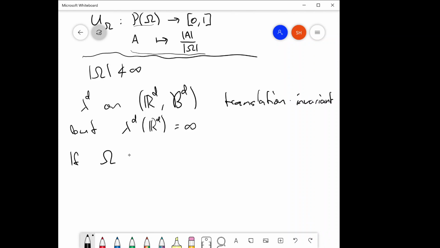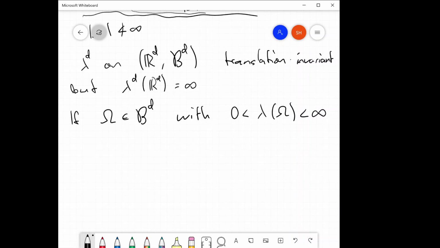So you can't do what we've had up here for the uniform distribution, but if you've got some Borel set omega with positive finite measure, then you can define the uniform distribution on omega, and this is what you would expect. It compares the volume.